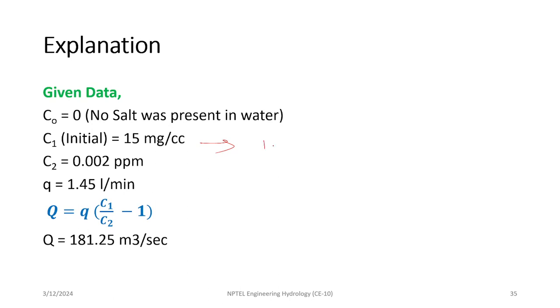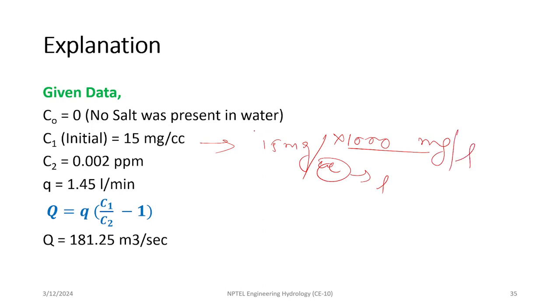Actually, what we did, we have milligram per cc, and if we convert the cc to liter, it will get multiplied by 1000, right? And then we will get the direct value of milligram per liter. So 15,000 milligram per liter will be the value of this conversion.